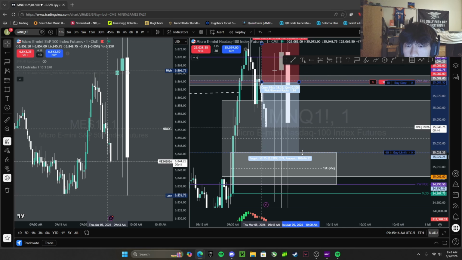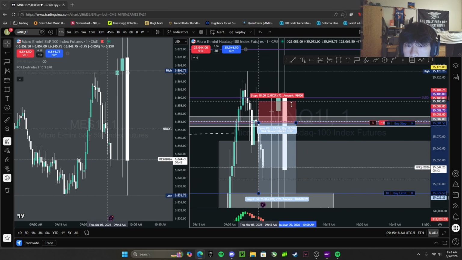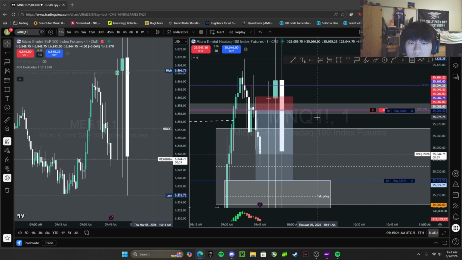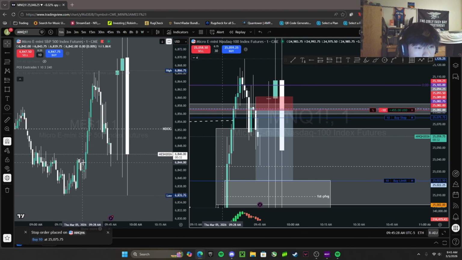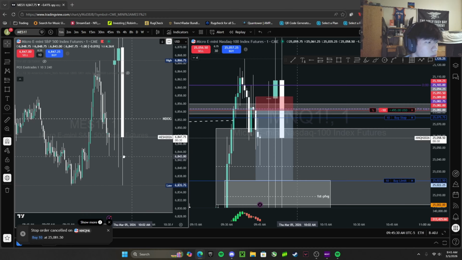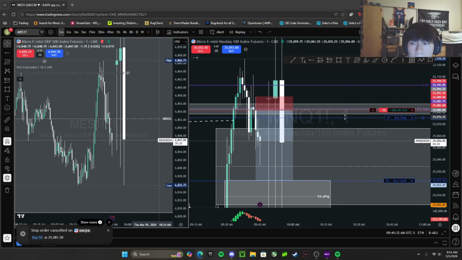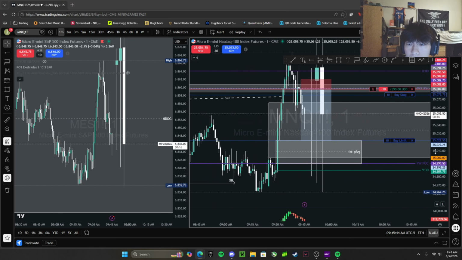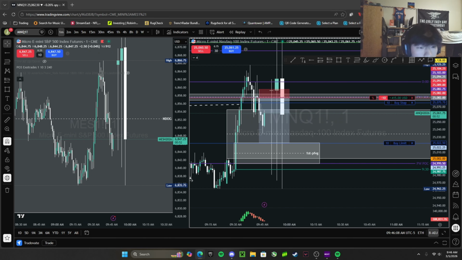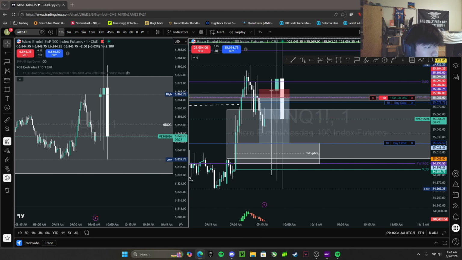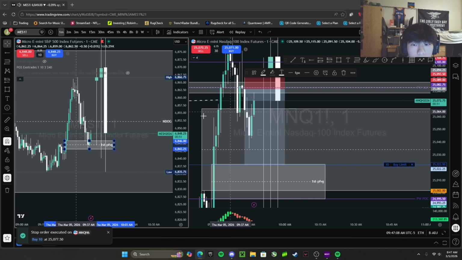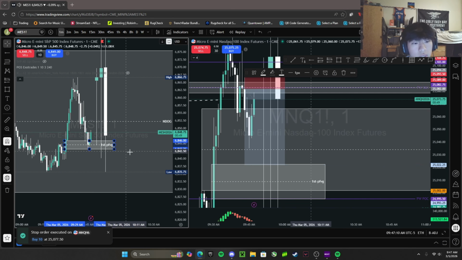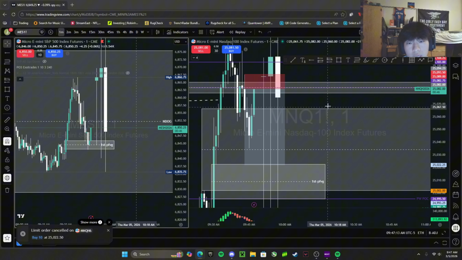See here, this is. Trail stop a bit higher just because ES is already tapping it. Okay, so we got stopped in profit. ES tapped already, so makes sense.